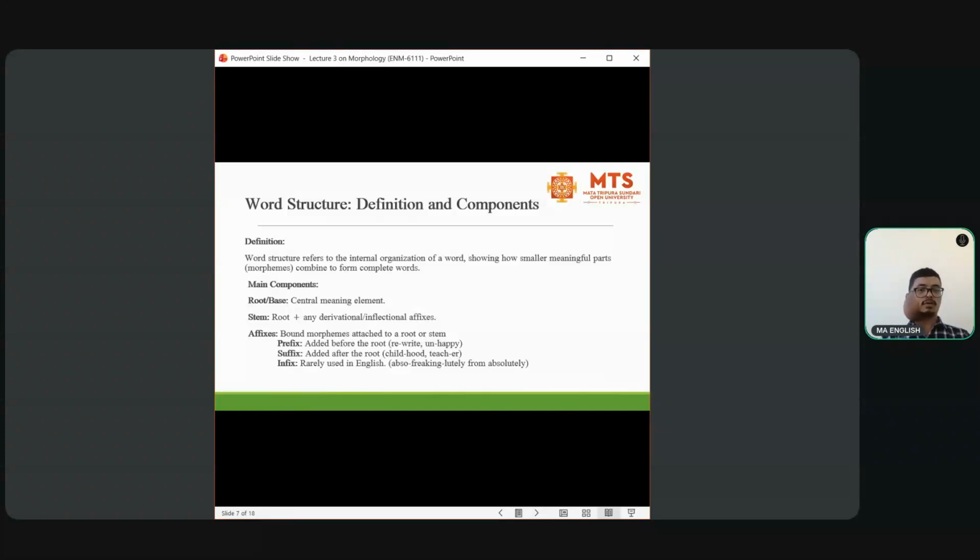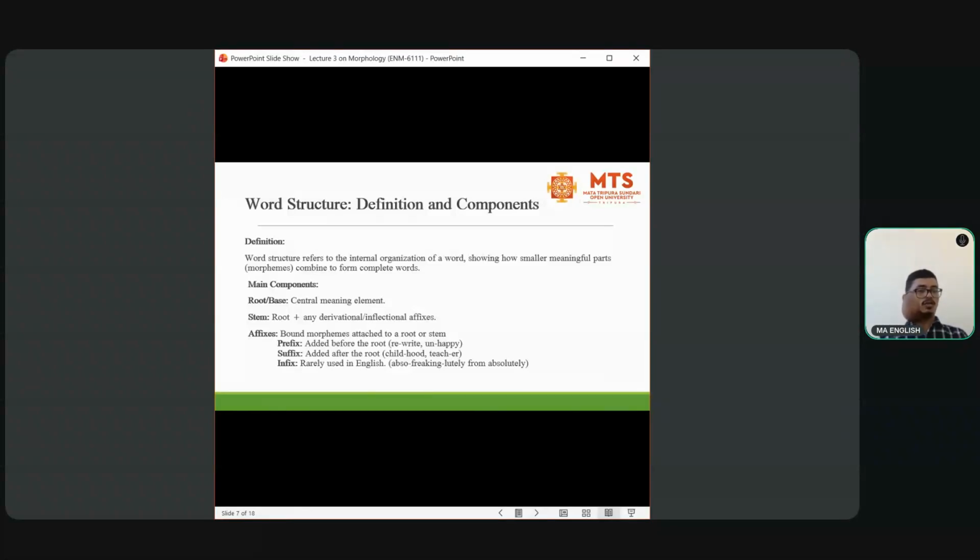For example, rewrite: write, rewrite. Happy, unhappy. And what about suffix? Suffix is a bound morpheme that is added after the root. For example, childhood, teacher. The -er is the suffix.